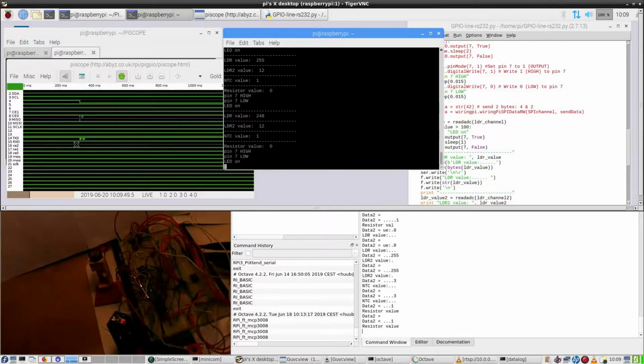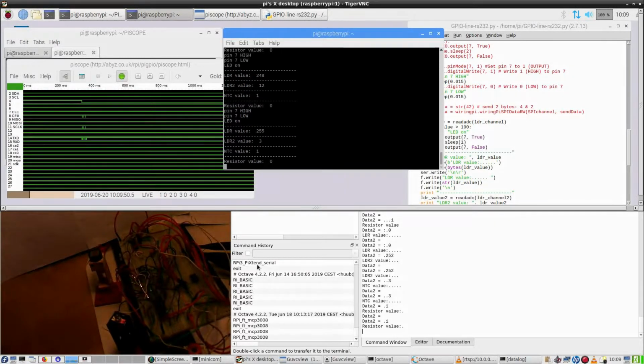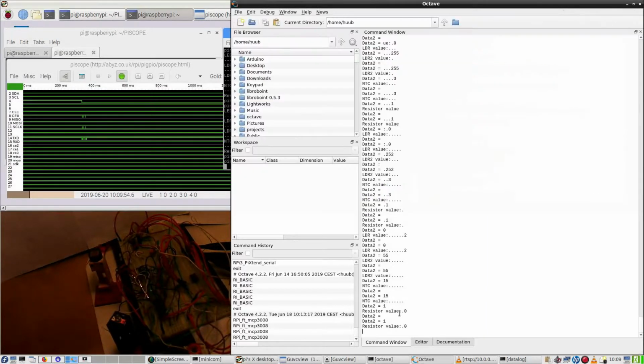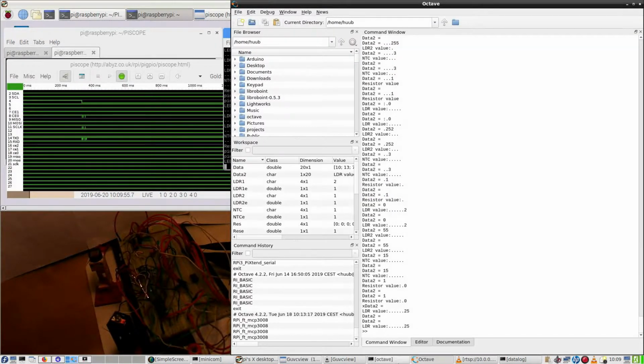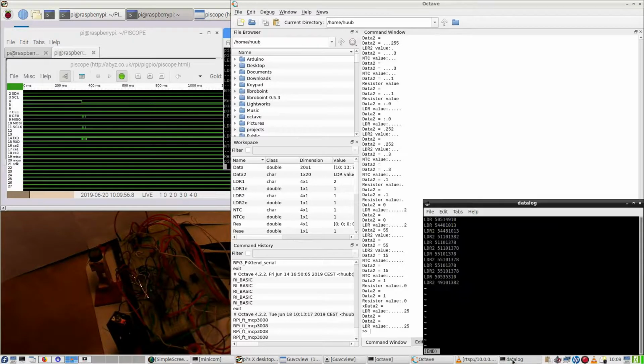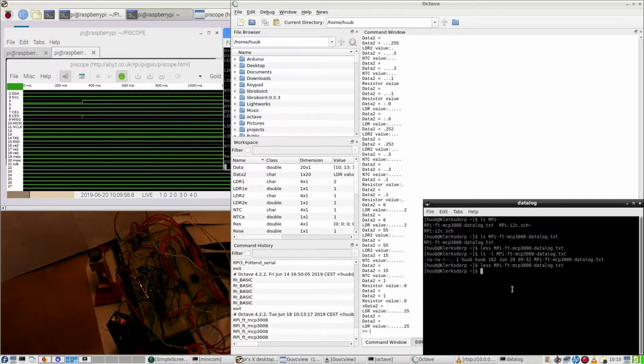Let's check the value so far. And for that I have to interrupt this one. Go to the data log. Regard the time. Okay, 10:09. That's good, I think.